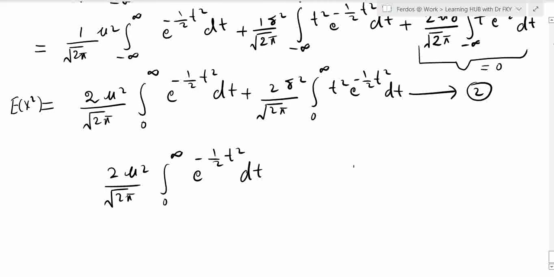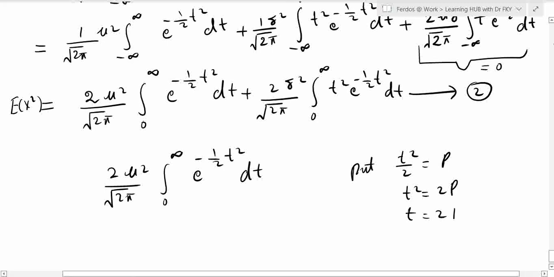Put t square divided by 2 equal to p, and when t square is equal to 2p, this means that t is equal to square root of 2p.